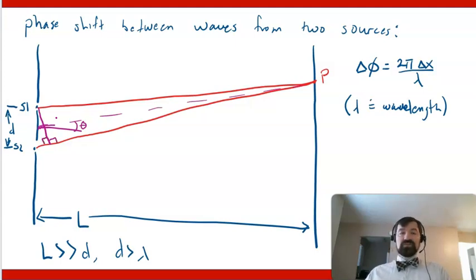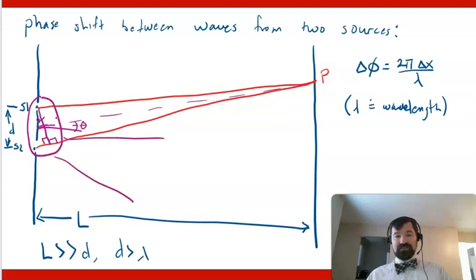And geometrically, this angle in here and this angle right here are equal. So if I were to take this piece right here and blow it up, what I have is effectively a right triangle.